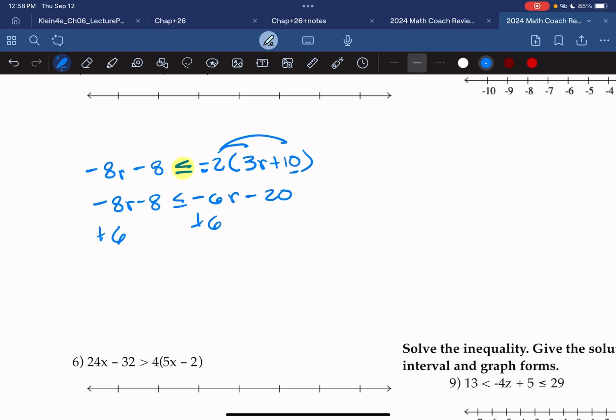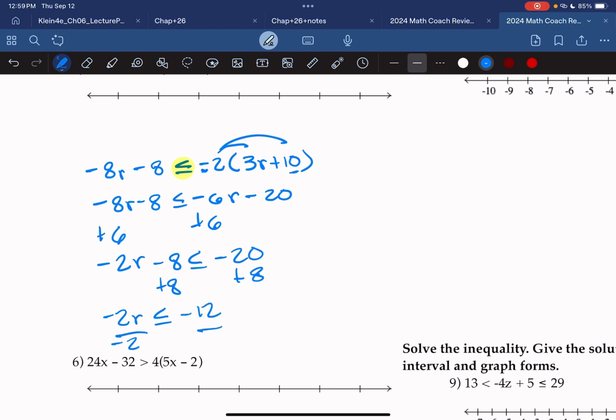So negative 8 plus 6 is going to give us negative 2. Negative 2r minus 8 less than or equal to negative 20. Now we add 8, add 8. So negative 2r is going to be less than or equal to negative 12.